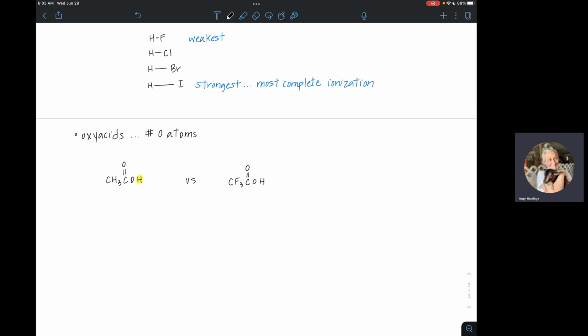In this case, we have the same number of oxygen atoms, but what we've done is we have increased the electronegativity of the neighboring atoms on trifluoroacetic acid. Fluorine is more electronegative than hydrogen, and so this will be a stronger acid.